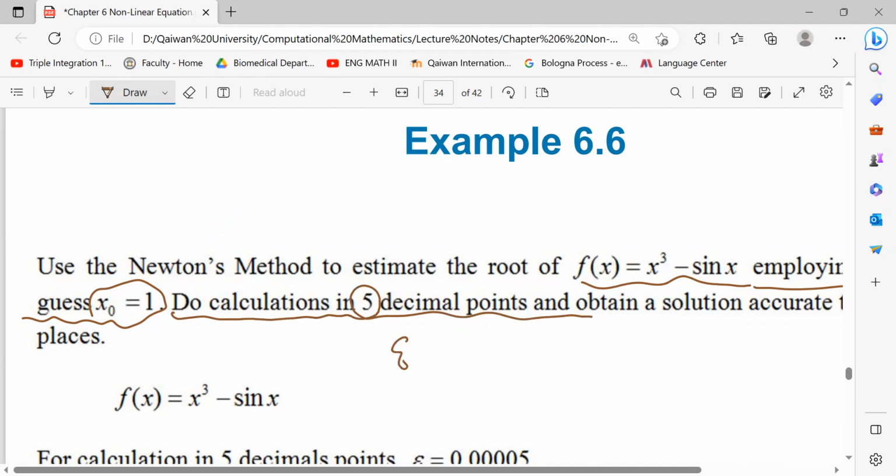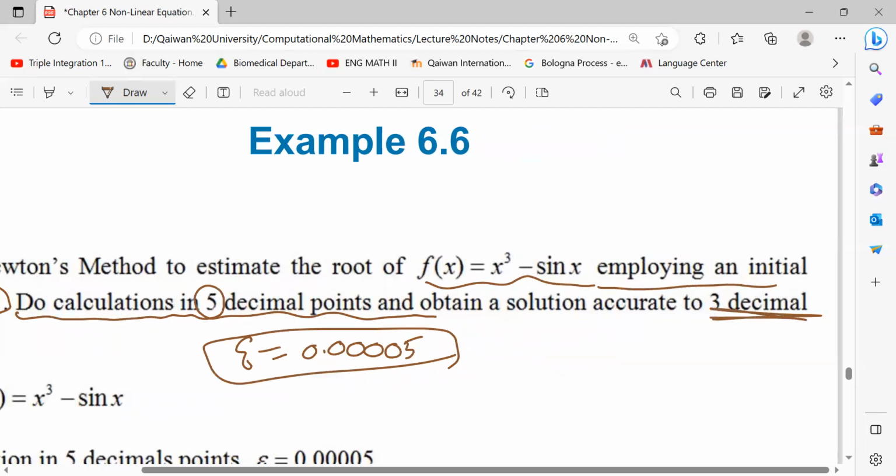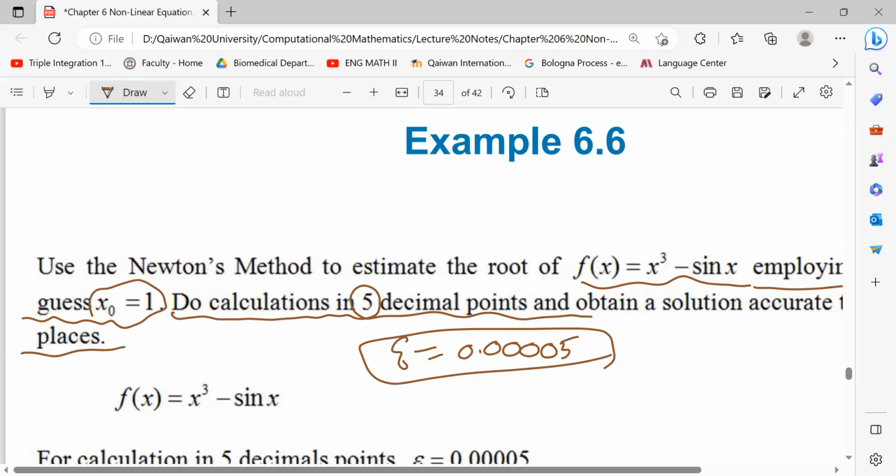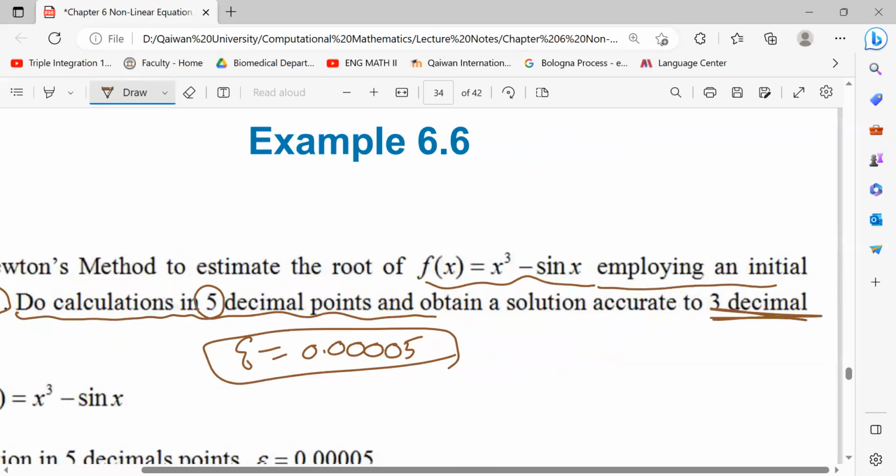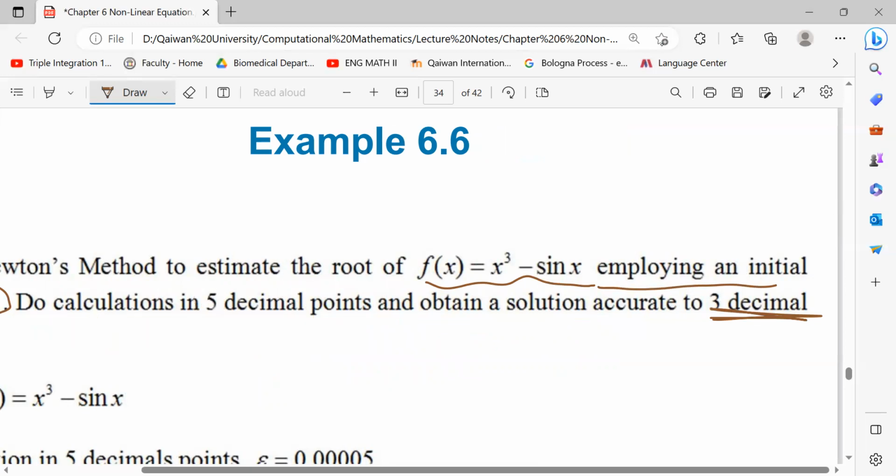It means epsilon is 0.00005. And obtain the solution accurate to 3 decimal places. The calculation is to 5 decimal points. That means in finding the values of, let's say, f of x naught, write down 5 decimal points.